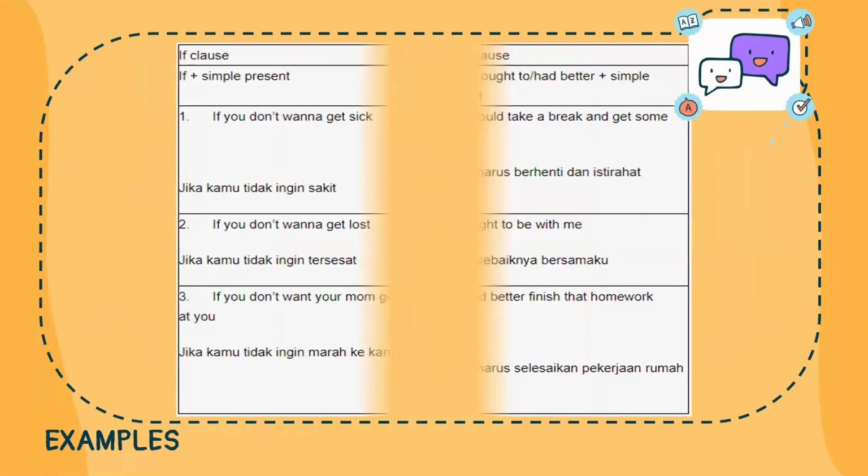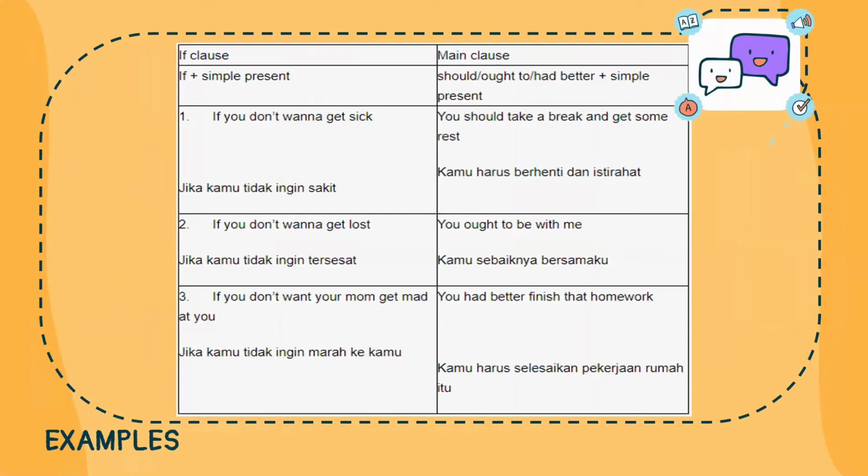For example, again, if clause, if plus simple present, main clause, should or ought to or had better, plus simple present. Okay. First, if you don't want to get sick, jika kamu nggak ingin sakit, you should take a break and get some rest. Kamu harus berhenti dan istirahat.